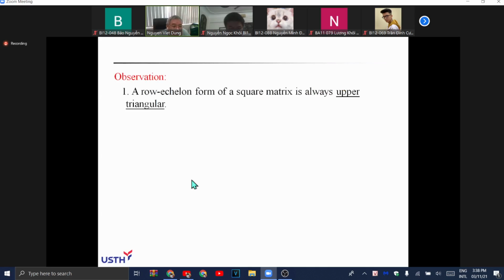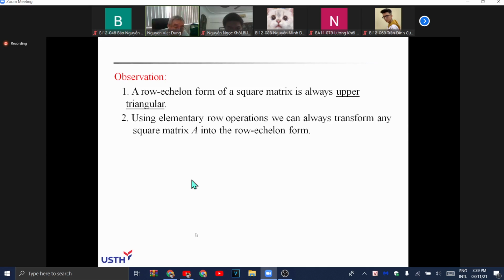We need two observations. The first observation says that the row echelon form of a square matrix is always upper triangular. Row echelon form of a matrix, you know what it is, but if it is the row echelon form of a square matrix, it is an upper triangular matrix.